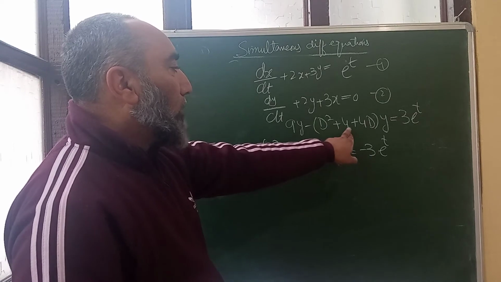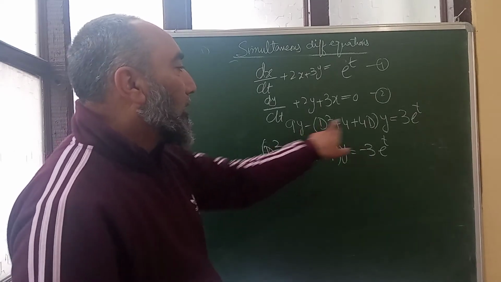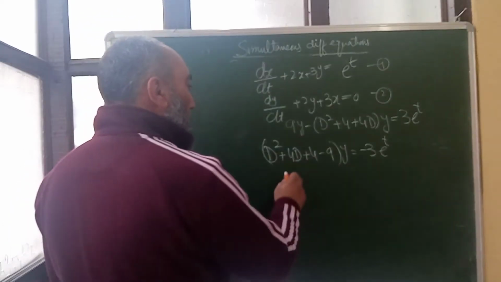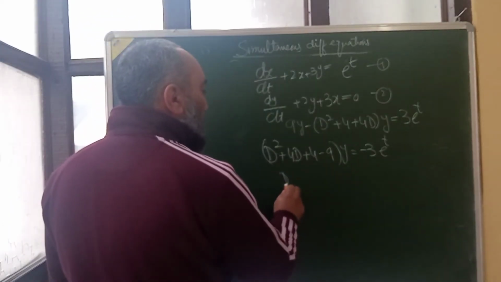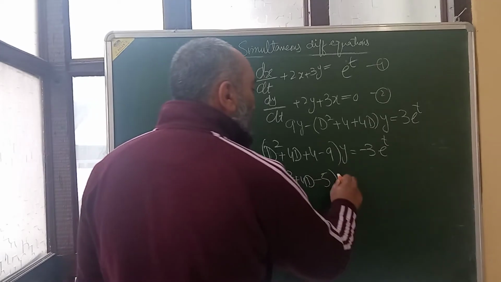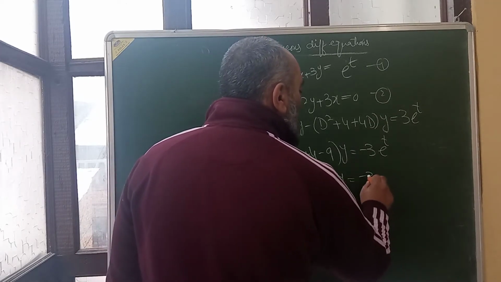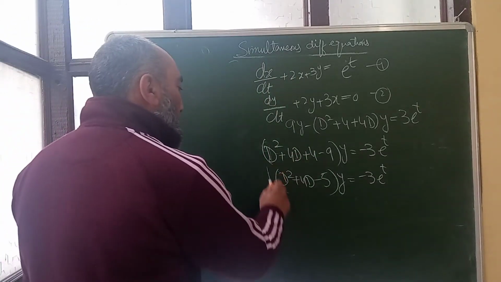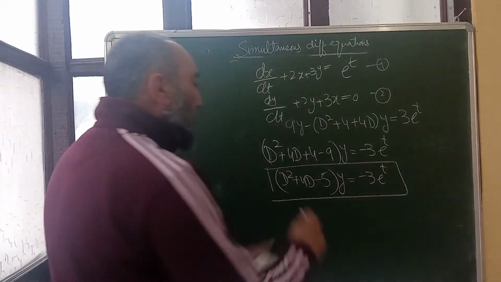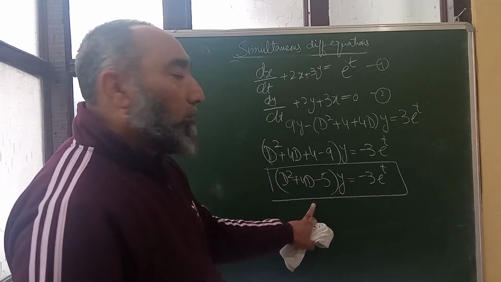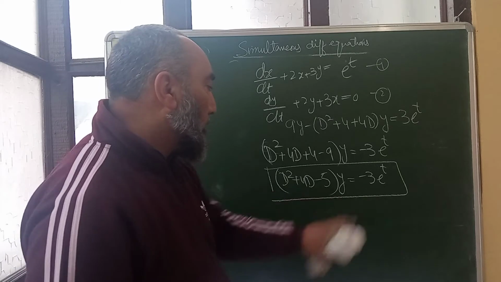So finally d square plus 4d minus 5 operating on y equal to minus 3 e raised to the power t. You see, this is a question of f(d) operating on y equals some function of t. So the solution is given by complementary function as well as particular integral.